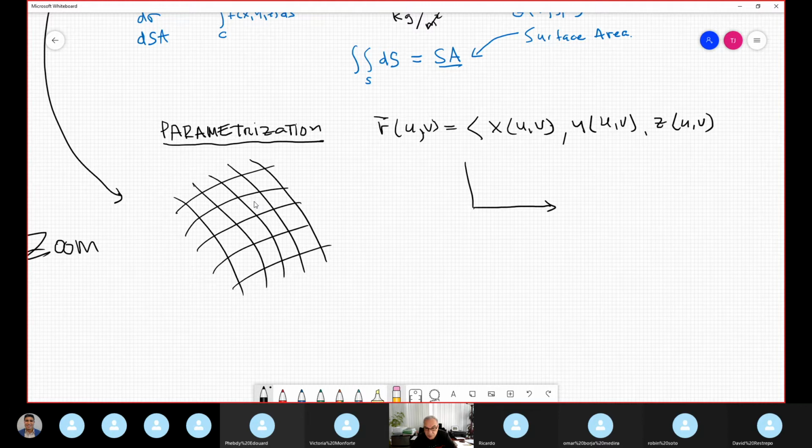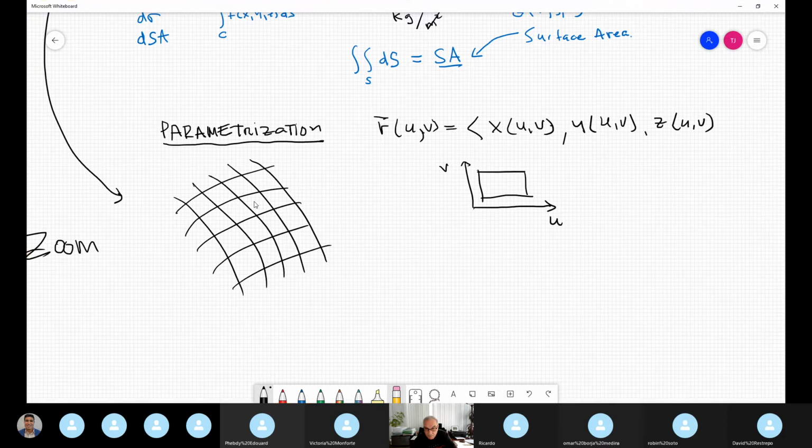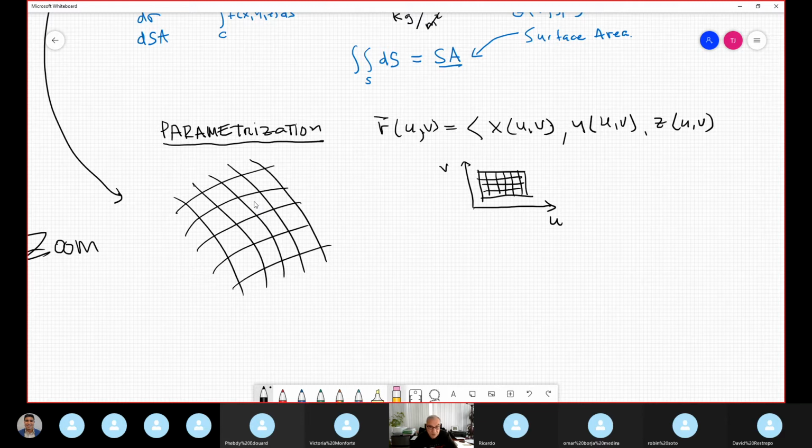So I want to represent graphically the uv plane like that. This is my region R. This is my surface S. And you know that there are connections in between these using this vector valued function.